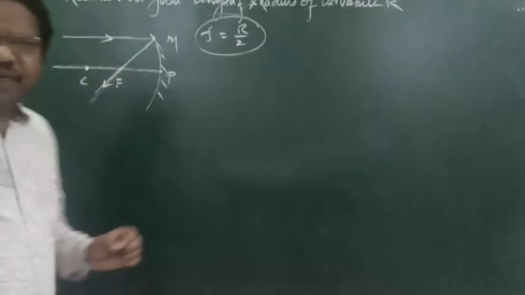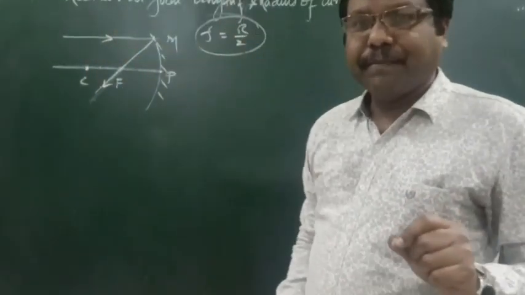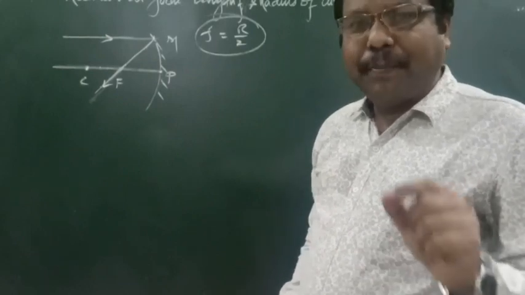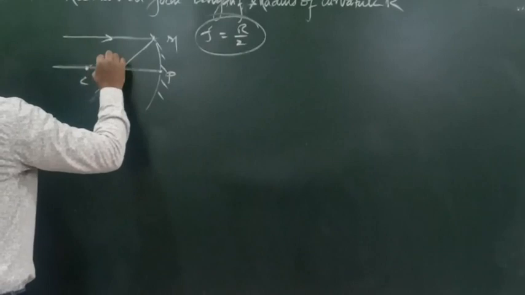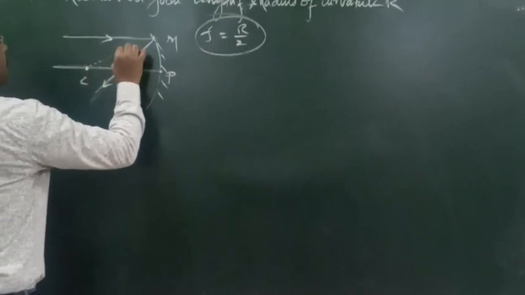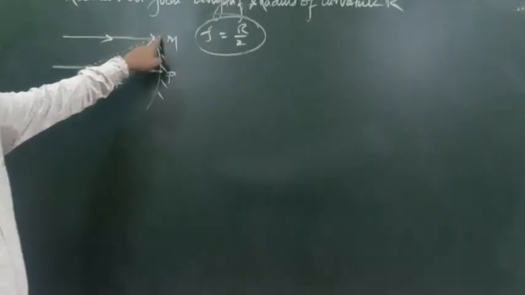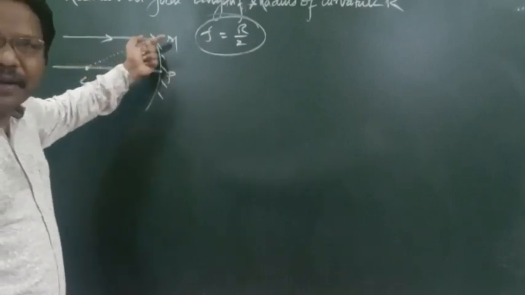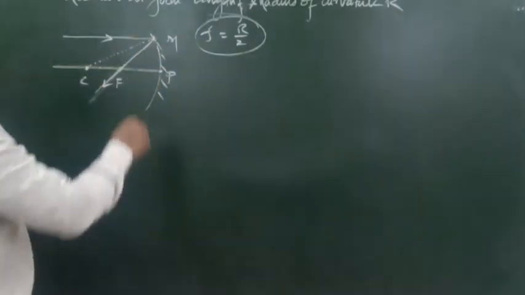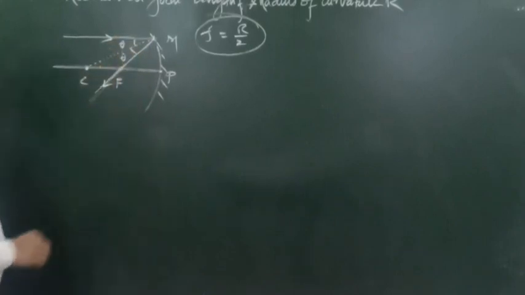Now if I join the center of curvature with the point M, which is the point of incidence, you will get this as the normal at the point M. And when it is the normal, whatever is the angle of incidence, the same will be the angle of reflection.